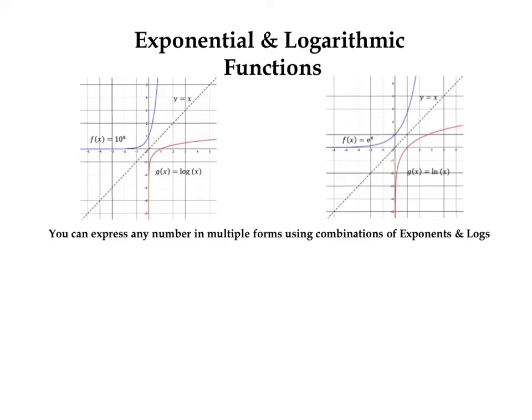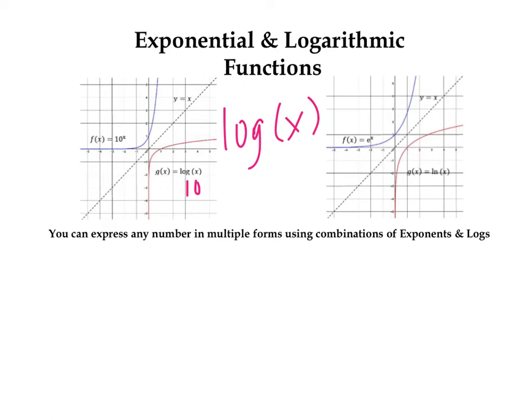Technically, there is supposed to be a 10 right here as the base, so log base 10 of x. But we don't put the 10 because it is implied. It's so common. Whenever you don't see the 10 in there, it is assumed that it is going to be base 10, because it's the inverse of the most common type of exponent. 10 to the 5th power, the inverse would be log base 10.